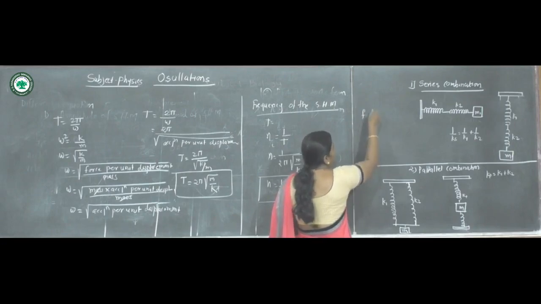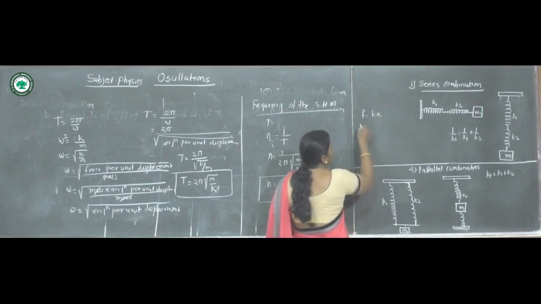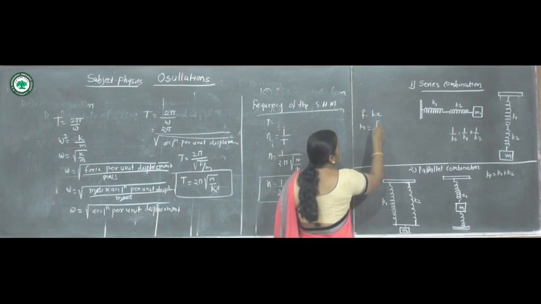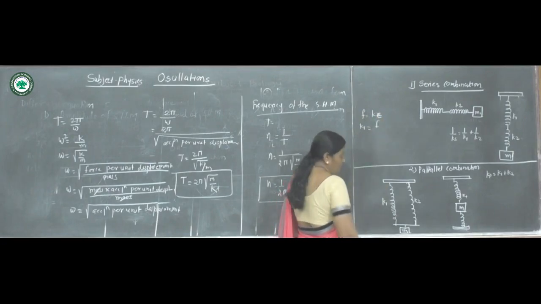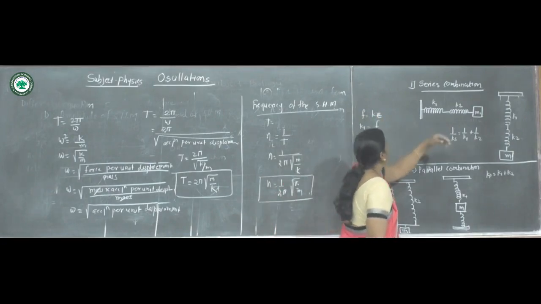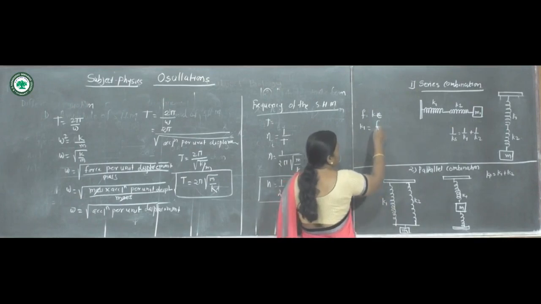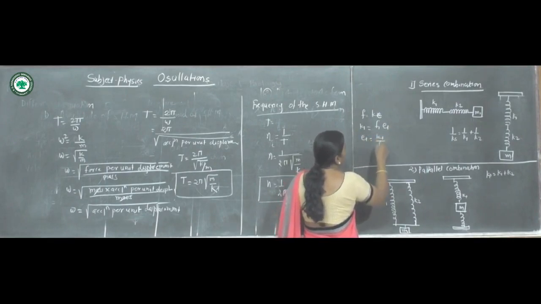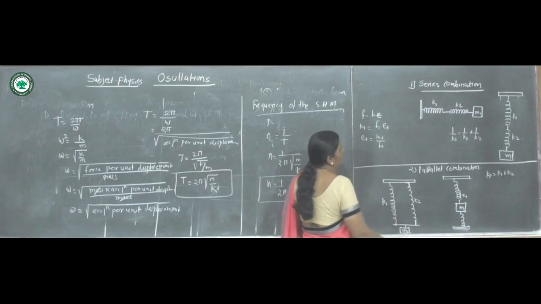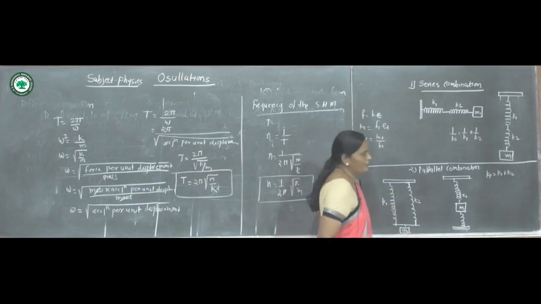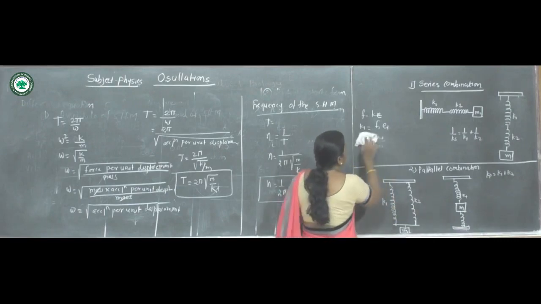We can write K1 is equal to F1 upon e1, therefore e1 is equal to F1 upon K1.